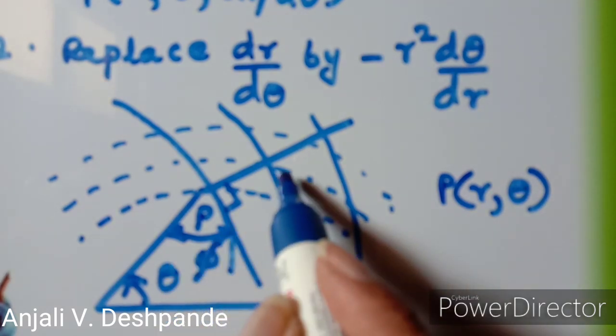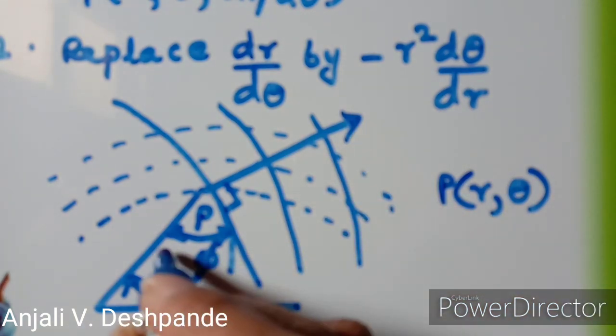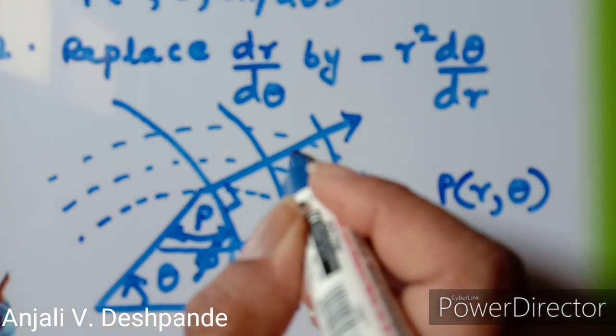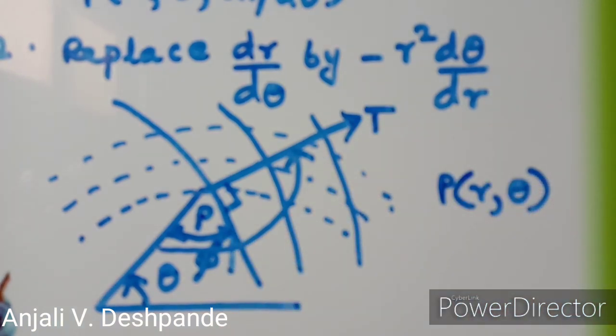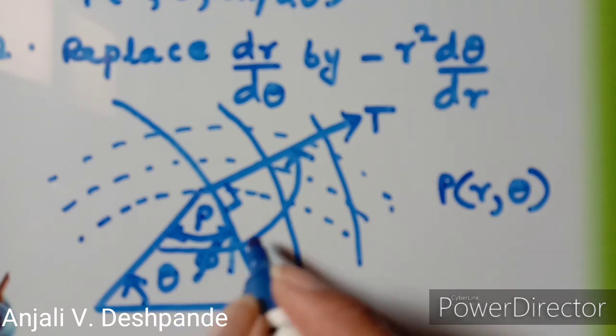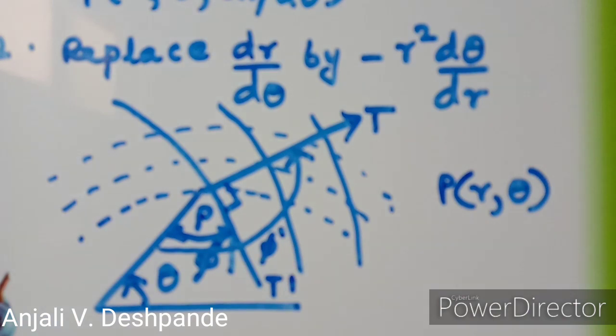Now the angle which is formed, let me call this t, and let me call this t dash. The angle which is formed with t, I am going to call phi dash.